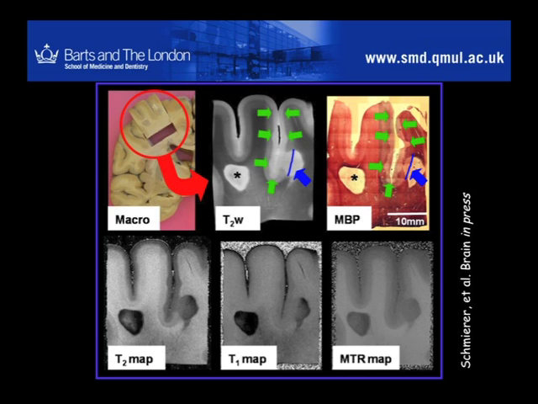Here you can again see clearly a white matter lesion. But we can also see on this histological section that there's a lot of demyelination going on in the cortex, and that corresponds to a hyperintense or bright area in the cortex here.